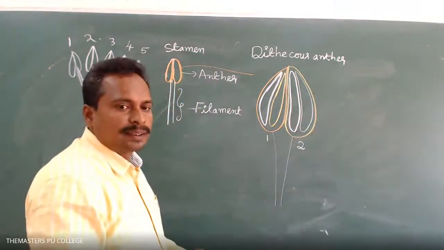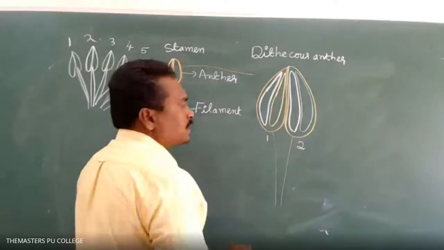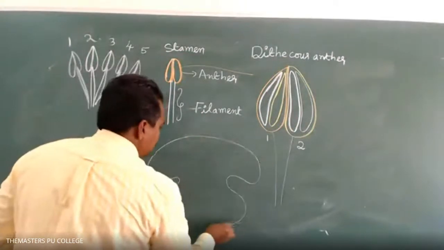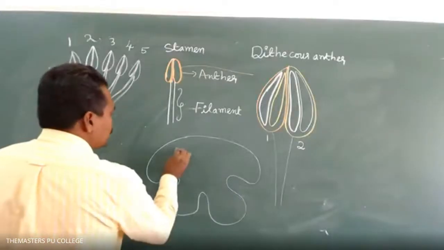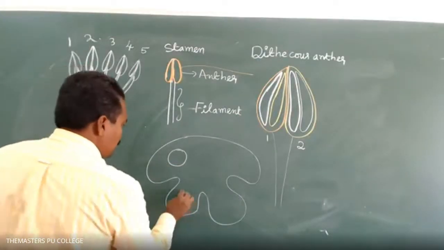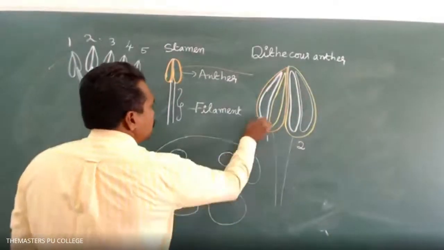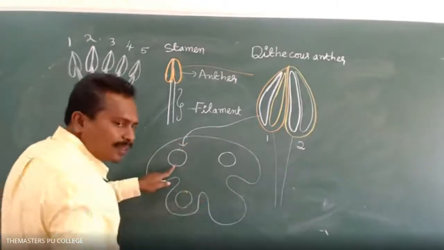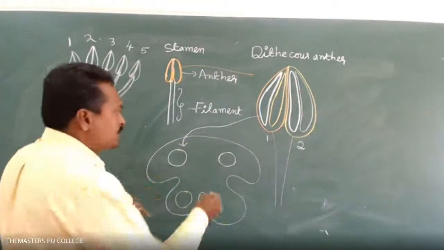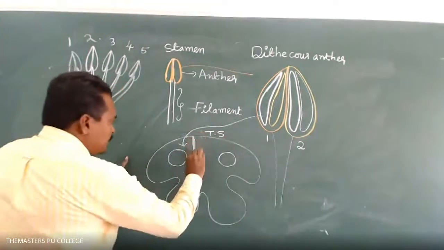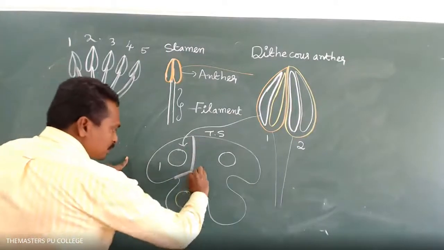How many chambers are there in each lobe? Two chambers. So in a dithecous anther, how many chambers are present? Four chambers. Very good. It's a transverse section. In the transverse section, the TS of the anther appears like this. This is one chamber, second chamber.